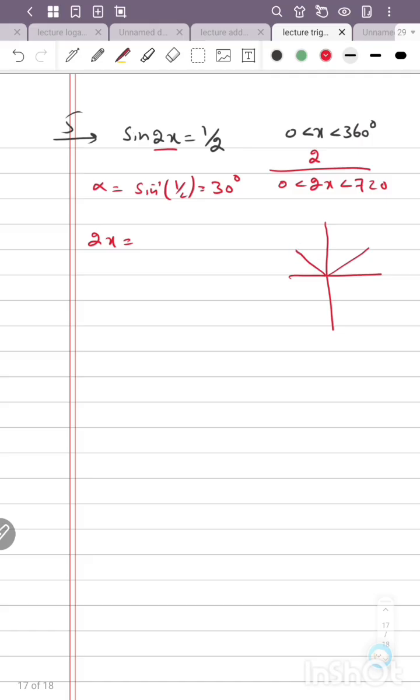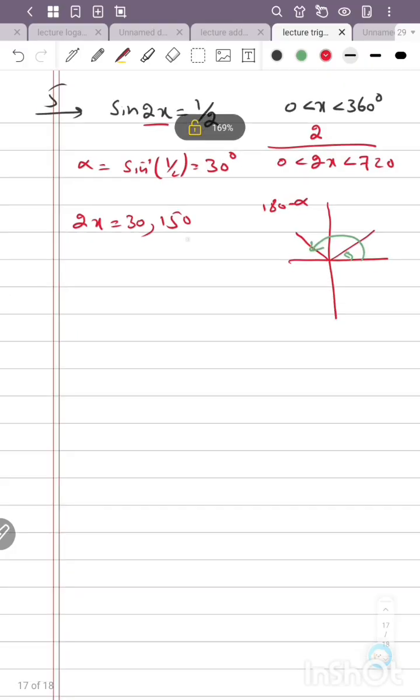Okay, now we have to start from here. This is 30 degrees. Now if we move from here to here, we get 150. Why 150? Because 180 minus alpha, 180 minus 30, the answer is 150.